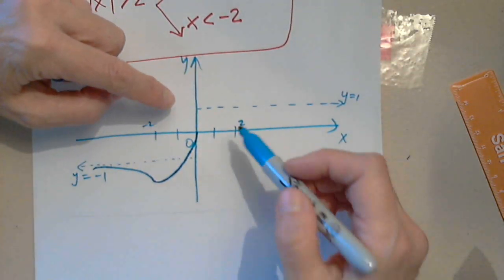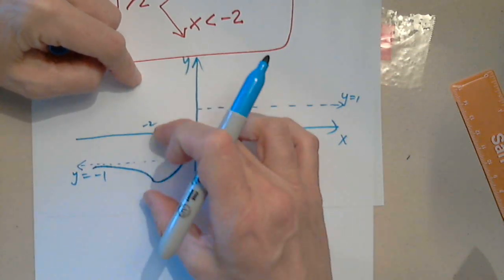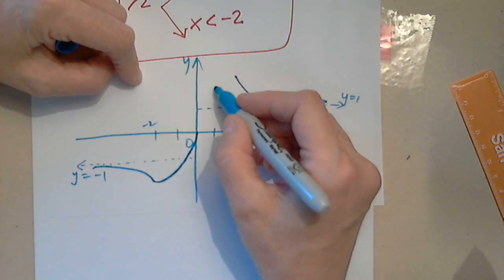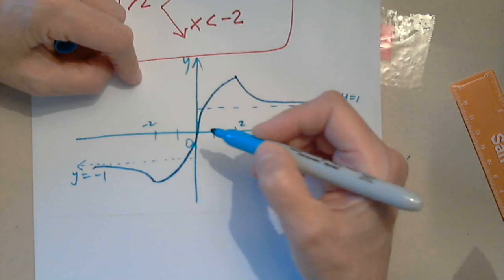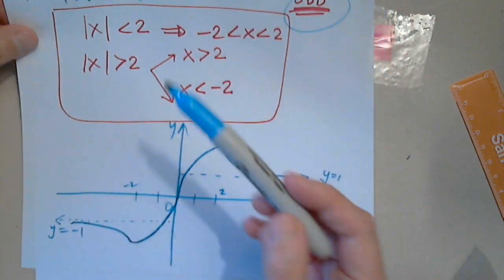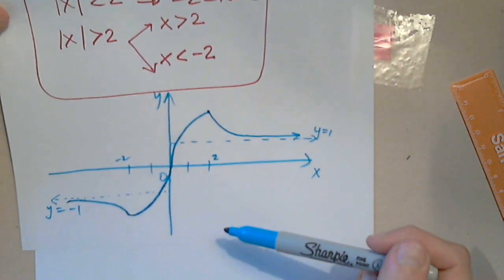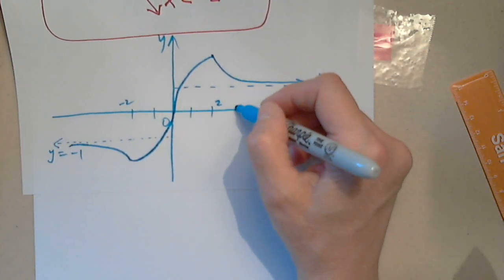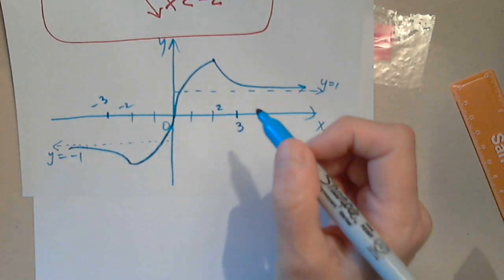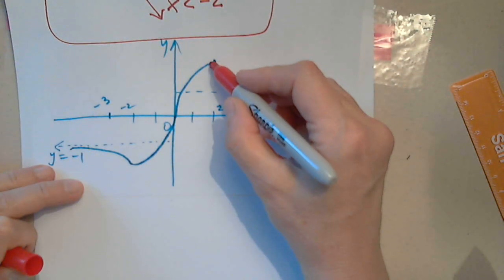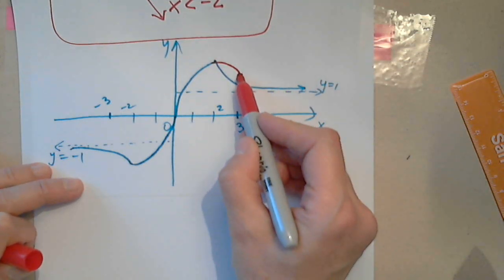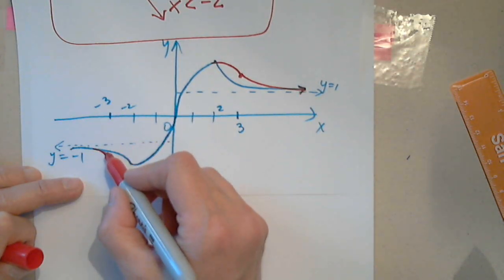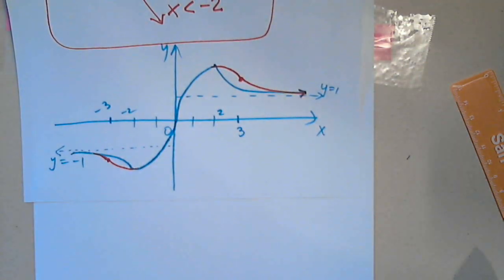Now I don't need the table, I have to copy all this on this side. So opening up between negative 2 and 0, opening down between, okay. I forgot about 3.